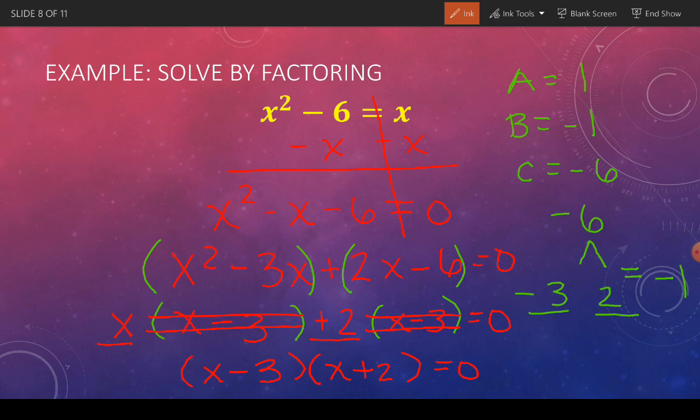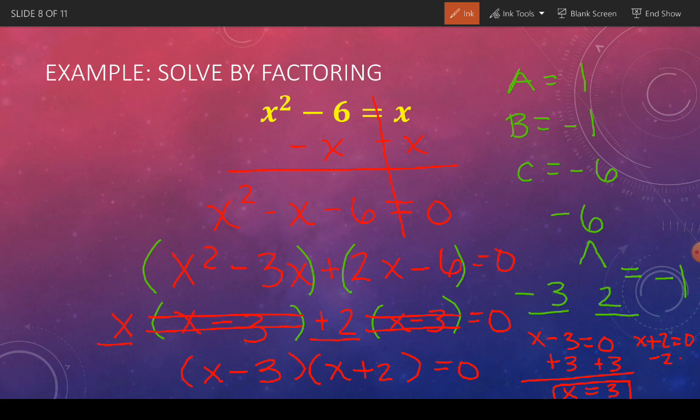We need to set both of our equations equal to 0 and solve for x in both cases. So I'm going to add 3 to both sides for this one, and I'm going to get that x equals 3. So this is my first 0. And then my second 0 comes from using my second factor, which is x plus 2 equals 0.